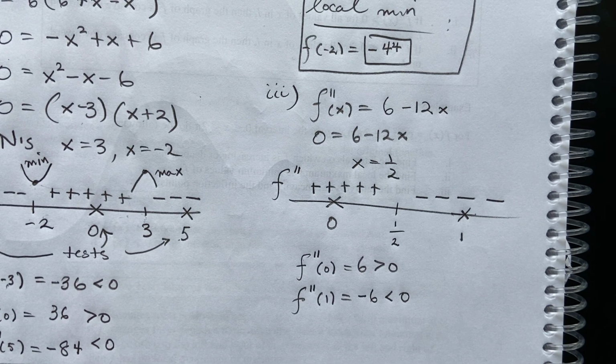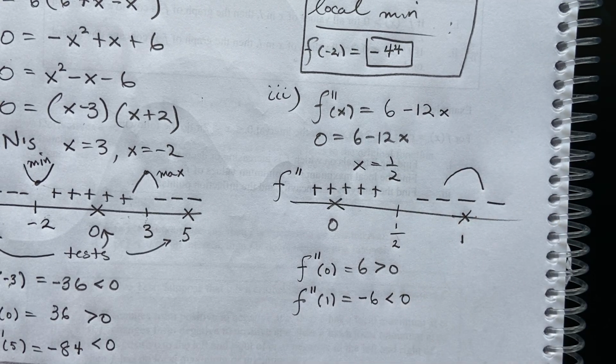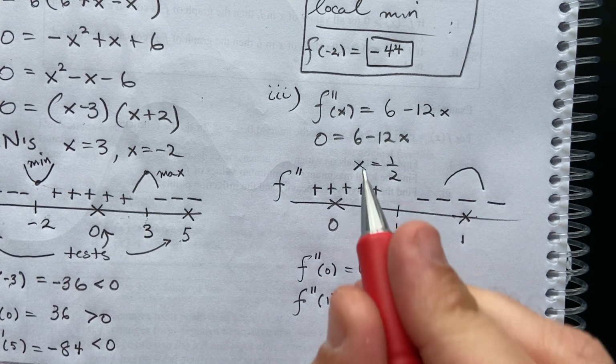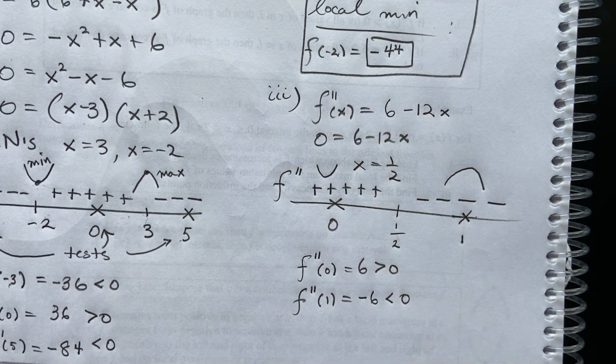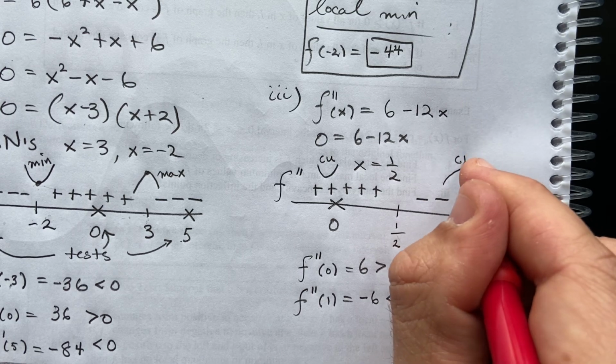So there is an inflection point here at 1/2, in other words. And what I'm seeing here is that we're concave down, right? Negative means concave down, and we're concave up throughout this region. This is concave up, this is concave down.